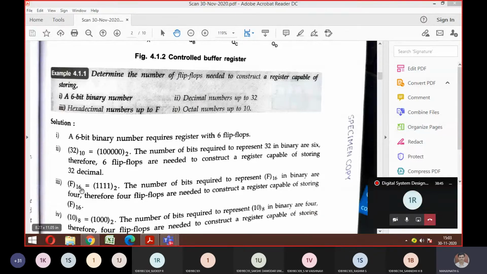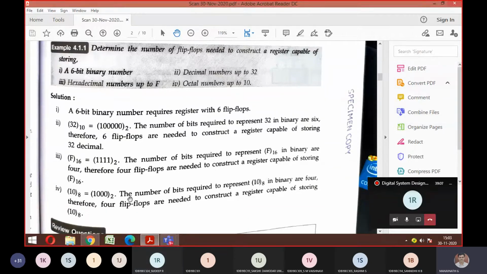For example, instead of F, you take AB. I will write the binary equivalent of A and the binary equivalent of B, each divided into 4 bits. So that is why you require 4 flip-flops for this type of question.